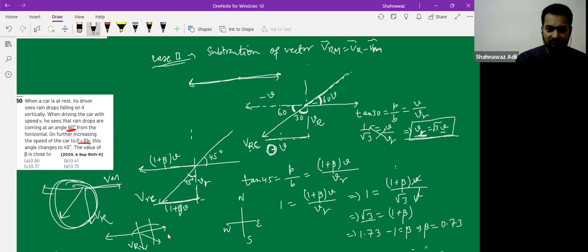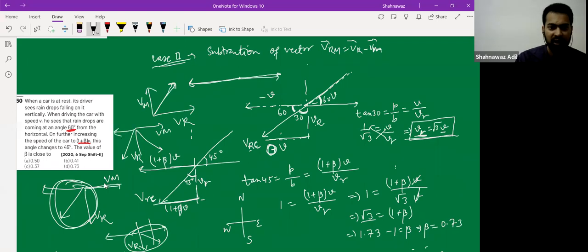This is the only difference between the rain problem and the river problem. In the river problem, you directly calculate the resultant, where this is river and this is man. But in the rain problem, this is rain and this is man, so you don't calculate this part; you calculate the subtraction part. We have to keep just these points in mind, the cases.